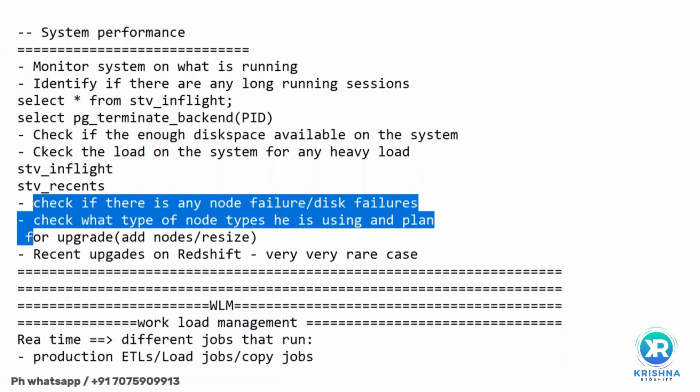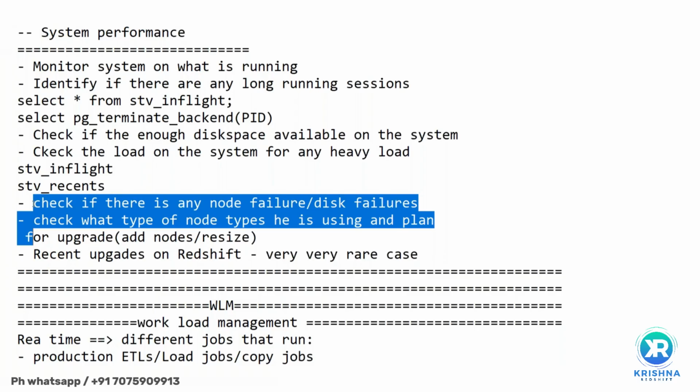Sometimes, every week there is some monthly or weekly maintenance on Redshift, because Redshift is a managed service, right? Meaning they take care of the patches, upgrades, and everything. We don't do anything. As part of their latest releases, they will be running some patches, and sometimes it will impact the system, but that's very, very rare.